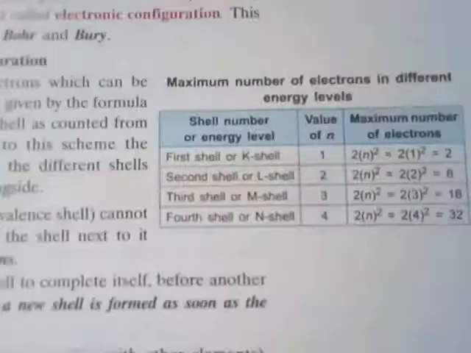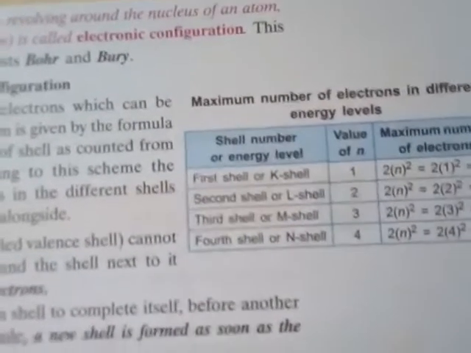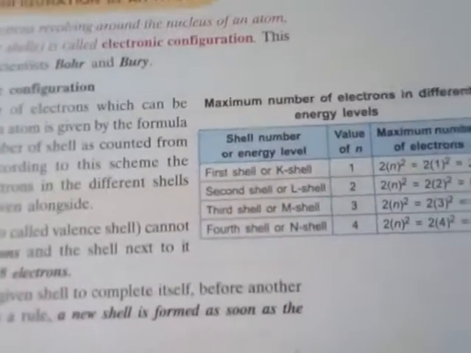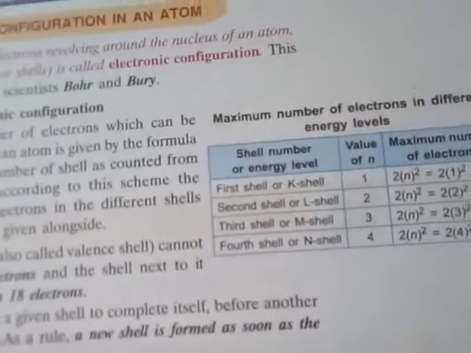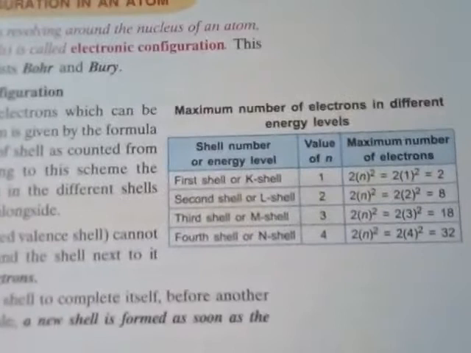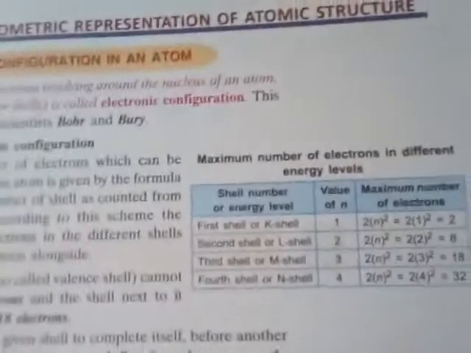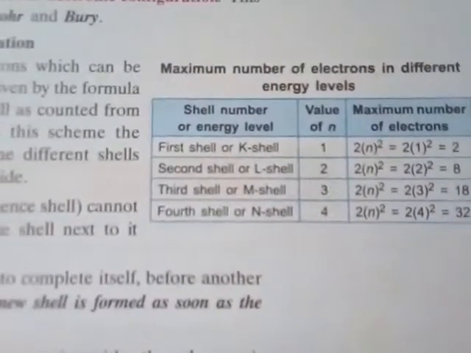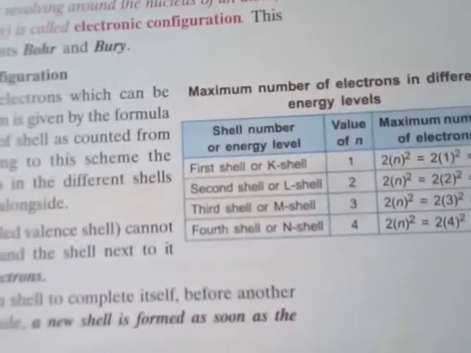We know this from the octet rule: 8 electrons is very stable. So even though the third shell can occupy 18 electrons, the electrons will occupy only 8 in the outermost shell. This is the second rule.